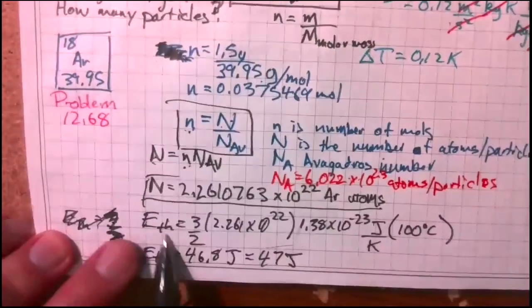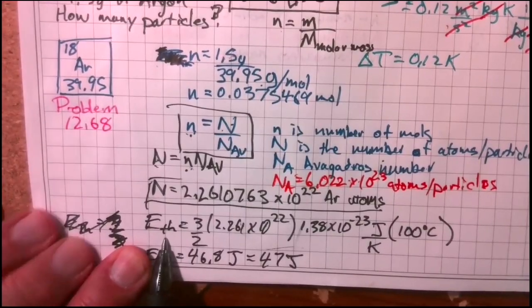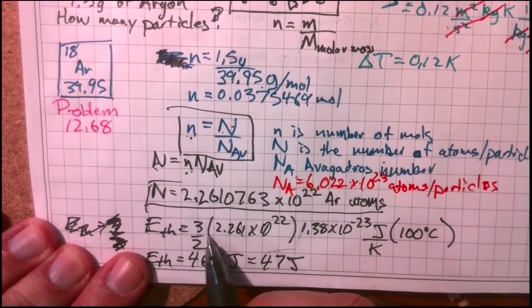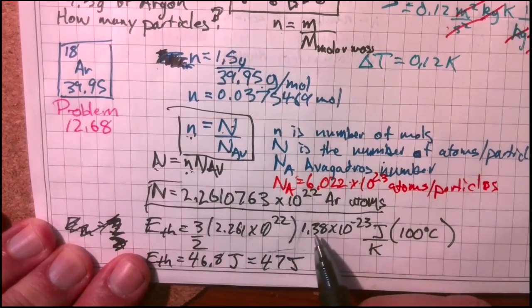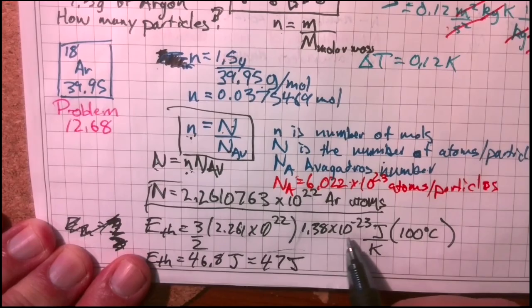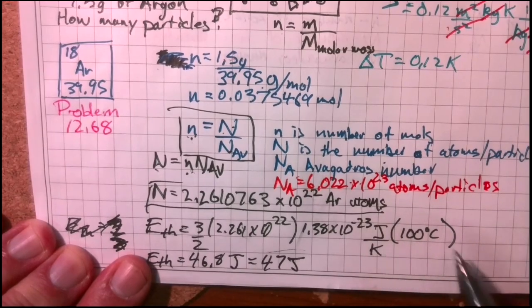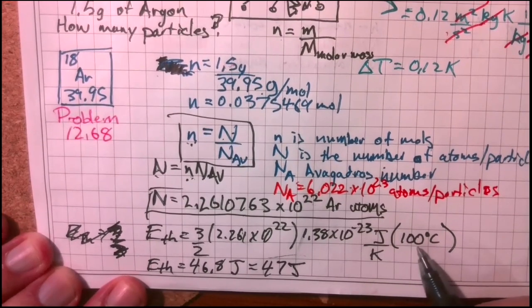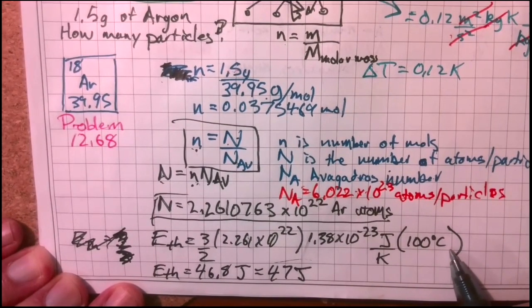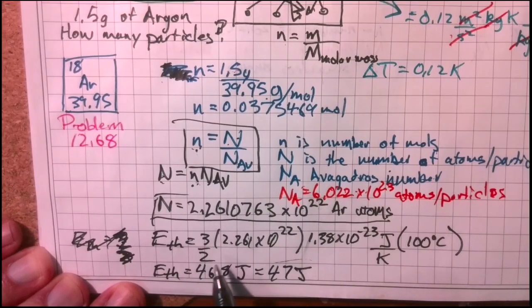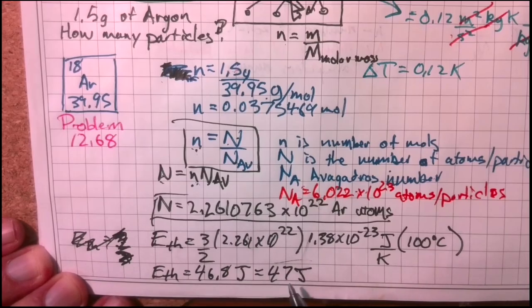To get the thermal energy then, it's 3/2 times the number of particles, 2.261 times 10 to the 22nd, times the ideal gas constant, 1.38 times 10 to the minus 23 joules per Kelvin, times our temperature change, 100 degrees C. This is how much the temperature of our gas changed in this enclosed container. That gave us a very reasonable answer of 46.8 joules, or 47 joules.